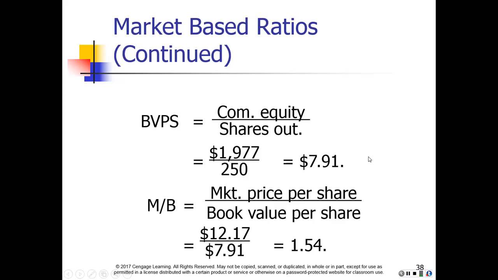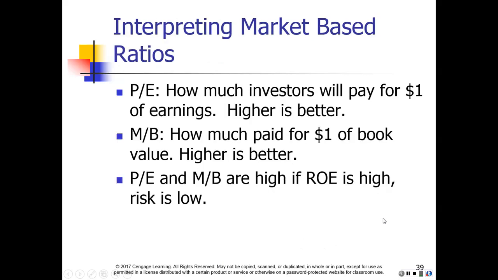So the market to book value is simply market value per share divided by book value per share. Price per share was 12.17. That's the M here, same thing that we had called P in other ratios, right? That's the M, 12.17, and book value is 7.91. So we get market value to book value of 1.54.